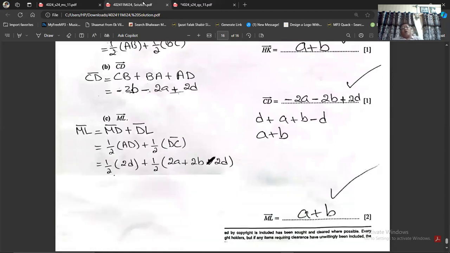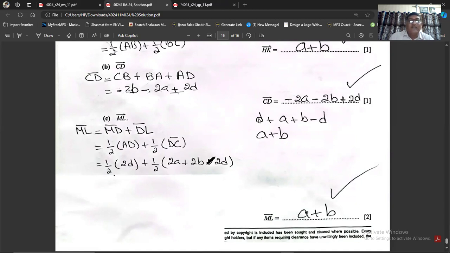Okay, so ML, from M go to D, from D go to L. So MD is 1 by 2 of the AD and DL is 1 by 2 of the DC. So 1 by 2 of the AD is basically 2d plus 1 by 2 into the DC. This is the value of CD, but here I'm using DC, so I will change the signs. 1 by 2 bracket 2a plus 2b minus 2d.